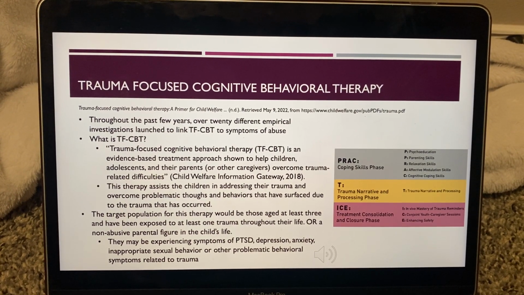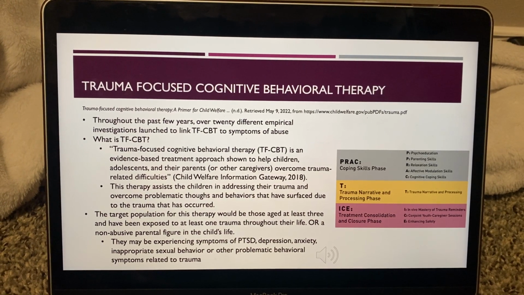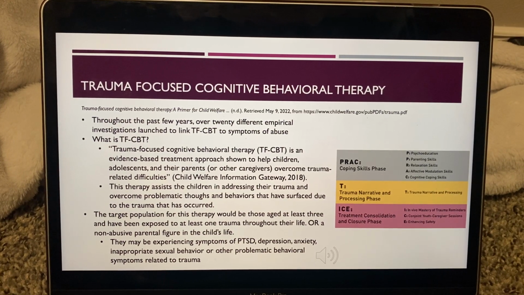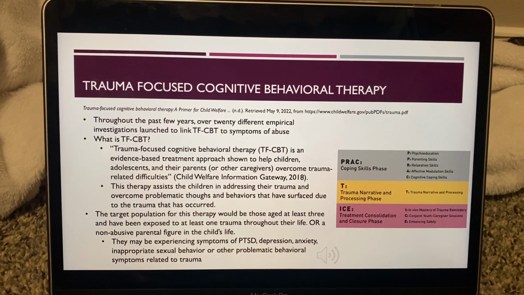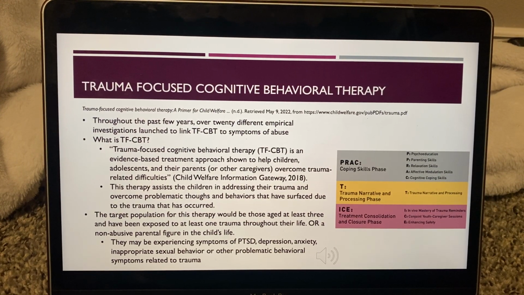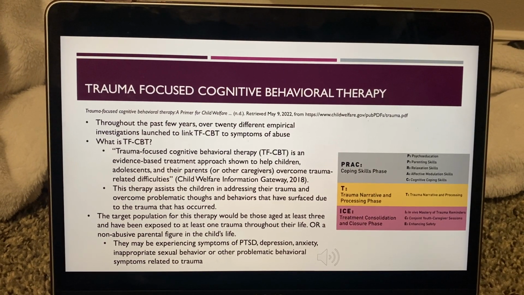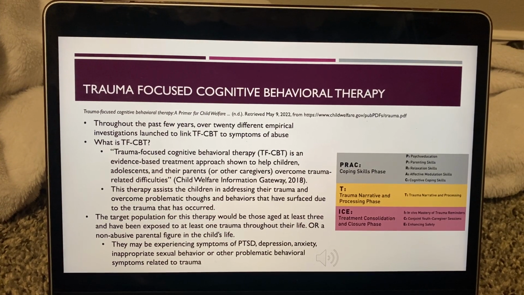So what is TF-CBT? It is trauma-focused cognitive behavioral therapy. It's an evidence-based treatment approach shown to help children, adolescents, and their parents overcome trauma-related difficulties. This therapy assists the children in addressing their trauma and overcoming problematic thoughts and behaviors that have surfaced due to the trauma that has occurred.